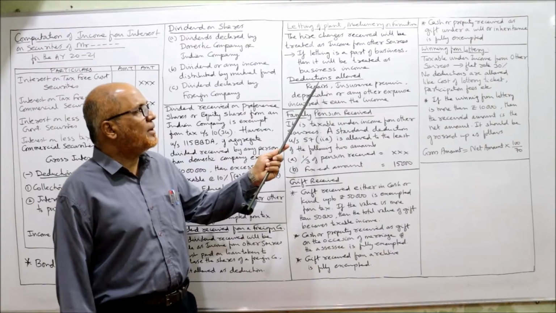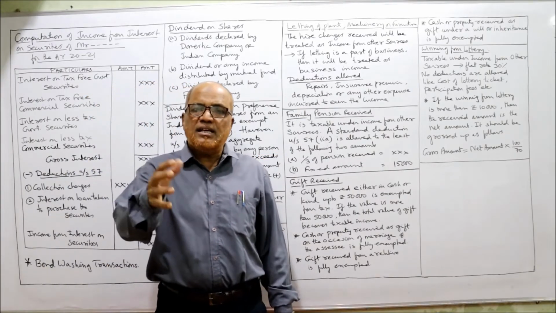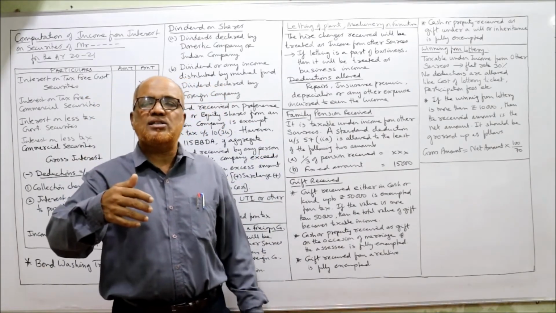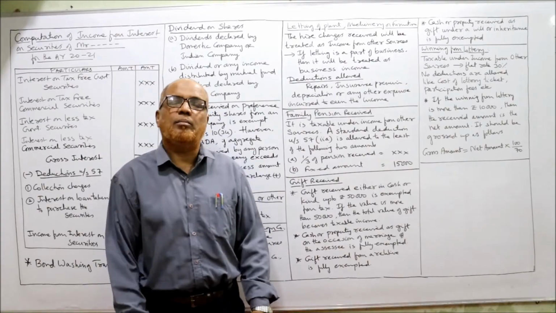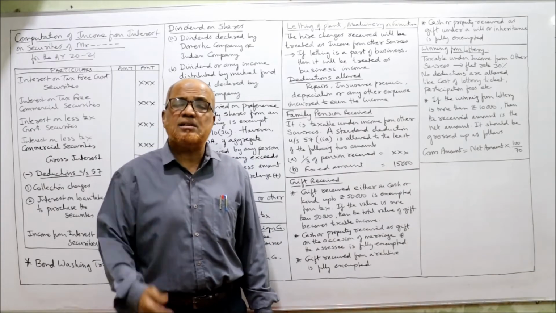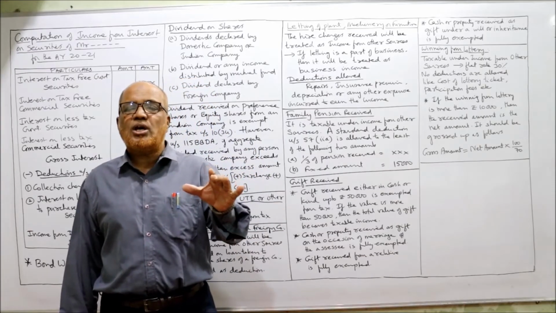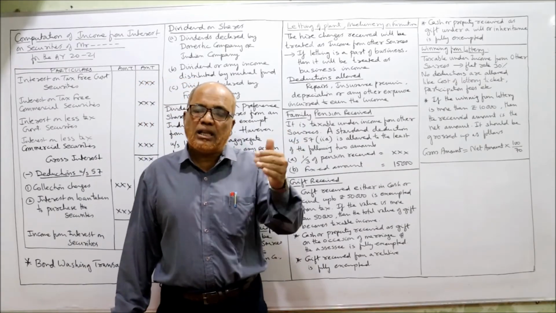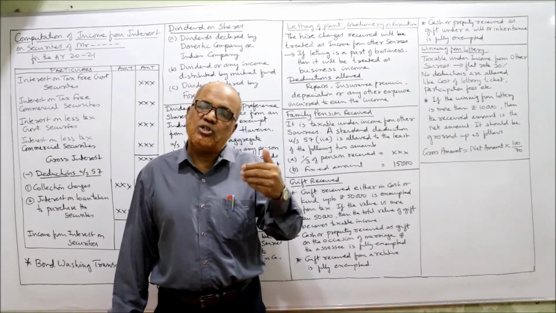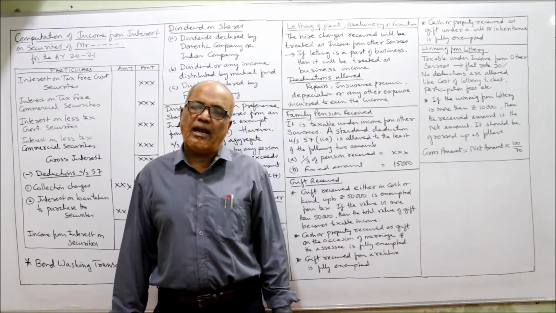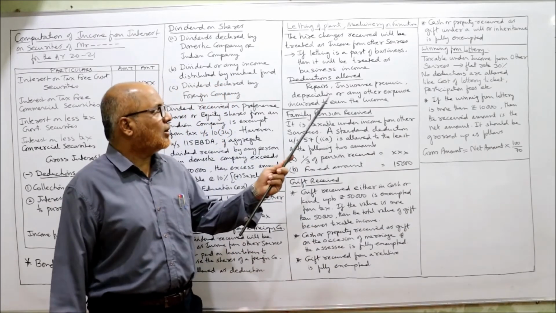Now deductions will be allowed. When a person is receiving rent or hire charges by letting out furniture, machinery or plant, he may incur some expenditure. The income tax rule is, if any expenditure is incurred to earn the income, that expenditure will be allowed as deduction. So what are the deductions allowed?